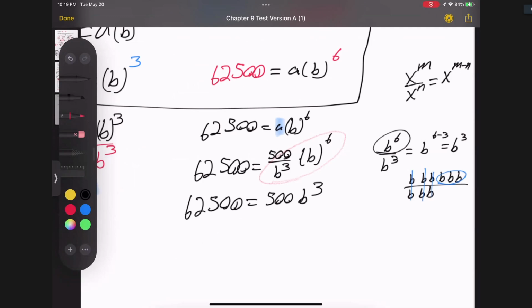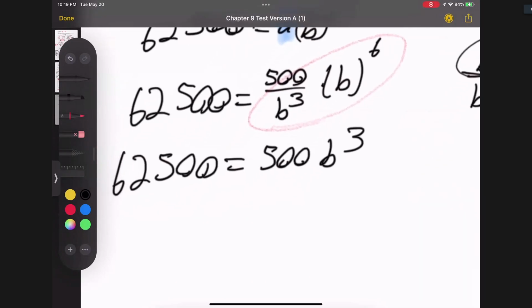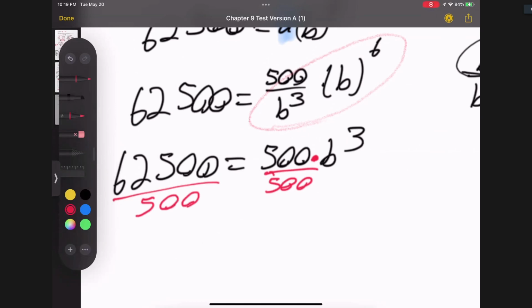Now, I need to get b by itself. So how do I get b by itself? Well, there is a multiplication that's going on right here. 500 b to the power of 3 is the same thing as saying 500 times b to the power of 3. Now, I need to divide by 500 on both sides to get b to the power of 3 by itself.